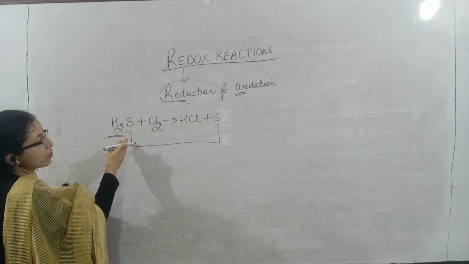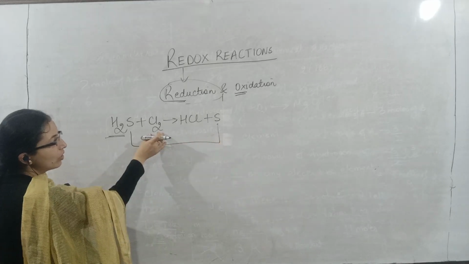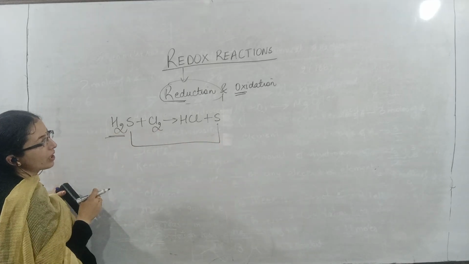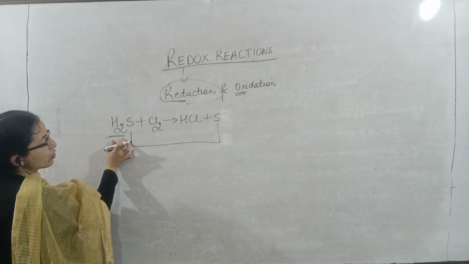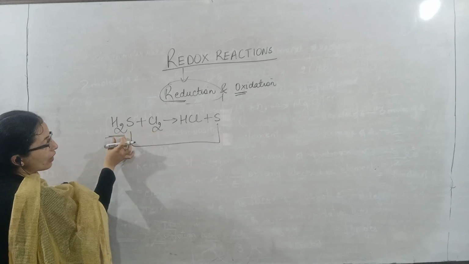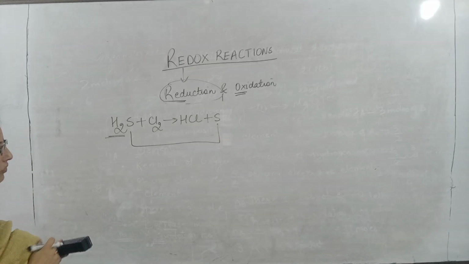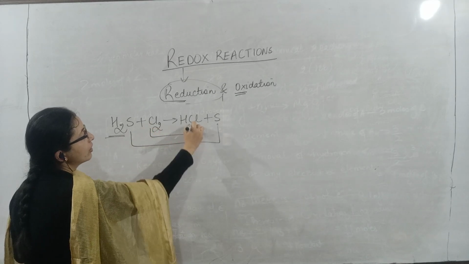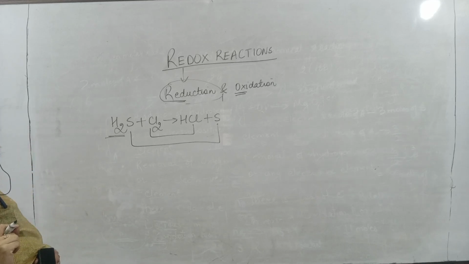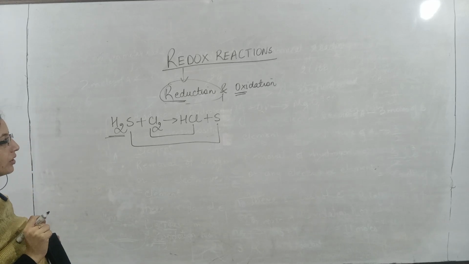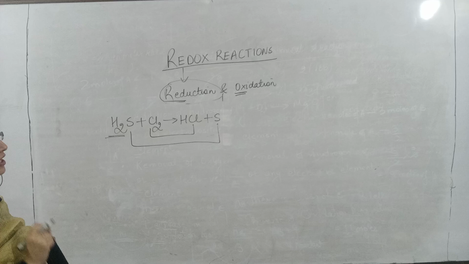So क्या हो रहा है? हाइड्रोजन इज बीइंग रिमूव्ड और क्लोरीन में हाइड्रोजन ऐड हो रहा है. ठीक है. So hydrogen is being added to chlorine and hydrogen is getting removed from hydrogen sulfide. So which substance is getting oxidized and which is getting reduced? Hydrogen sulfide is converting into sulfur.